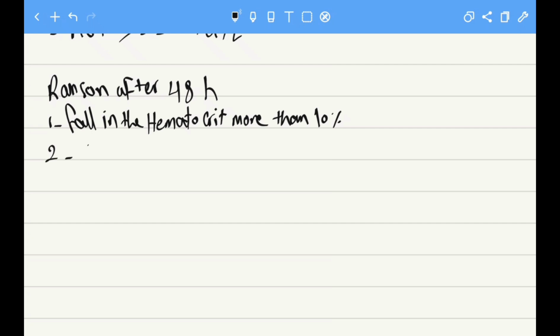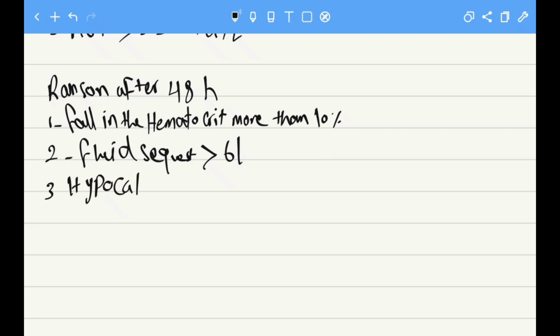Number two, fluid sequestration of more than 6 liters. Three, hypocalcemia less than 2 millimole.